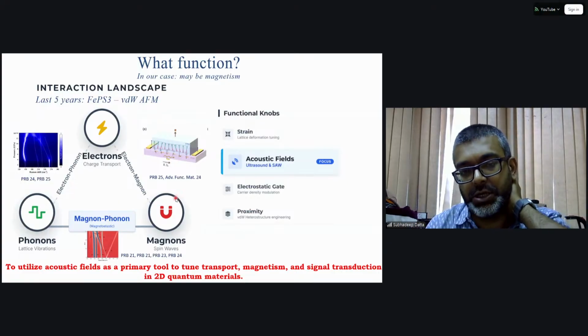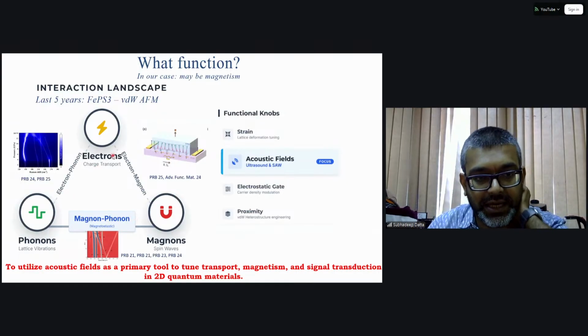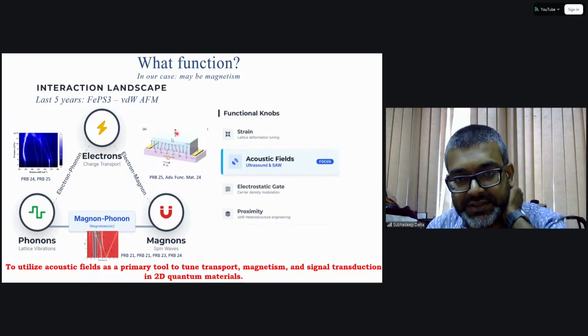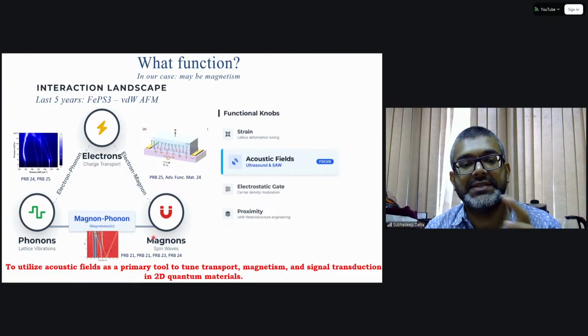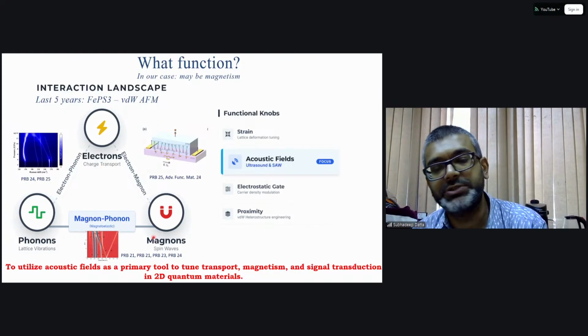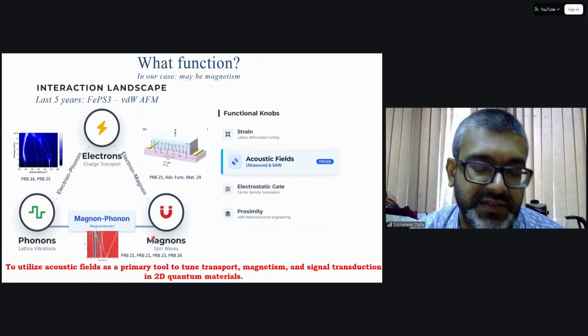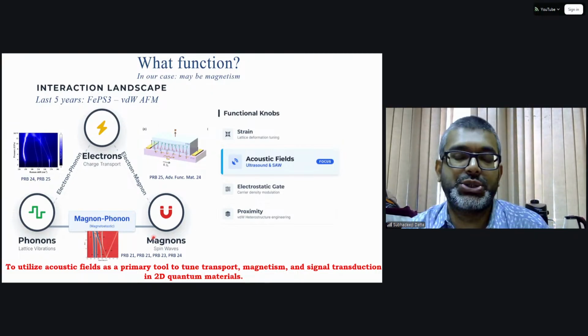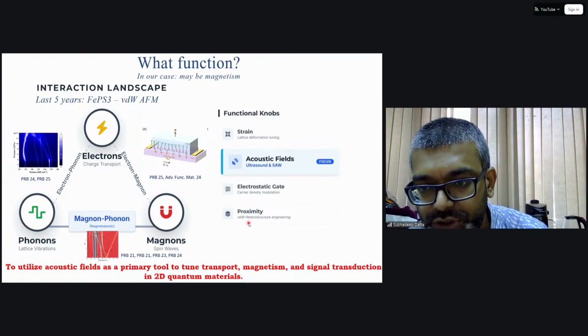In our experiments, we have tried to probe different couplings, like electron-phonon or electron-magnon, as I have discussed with this circuit, or magnon-phonon coupling. So it's sort of lattice and electrons, or lattice and spin waves. Now, to tune these couplings, you can use different functional knobs. These are the functional knobs which you can use.